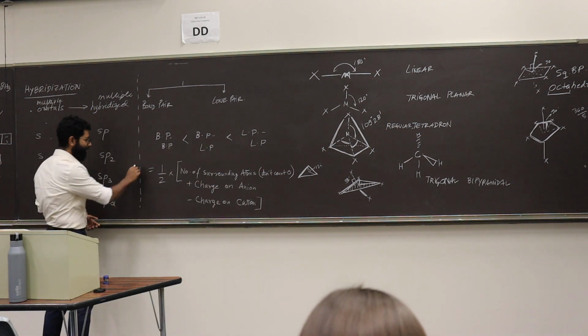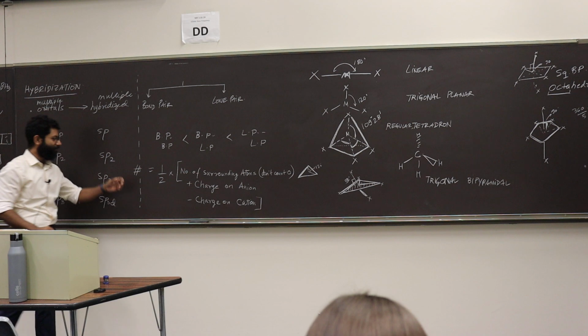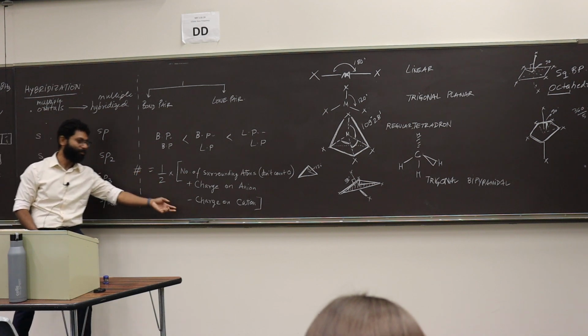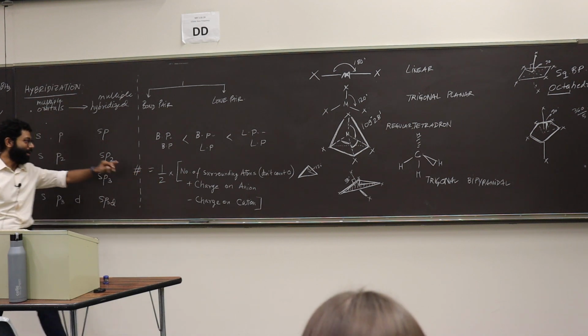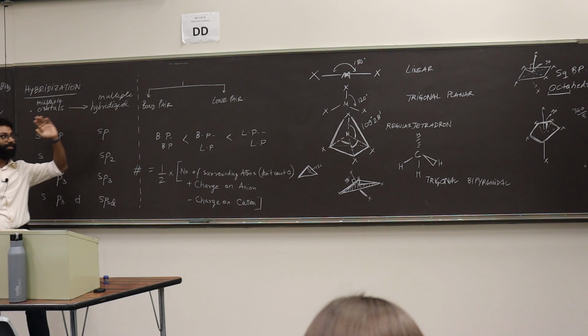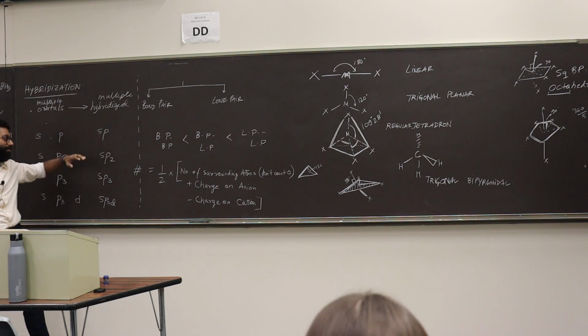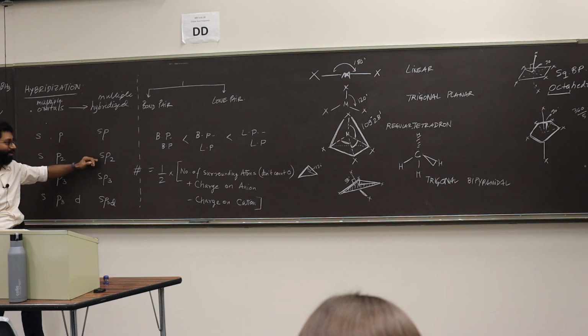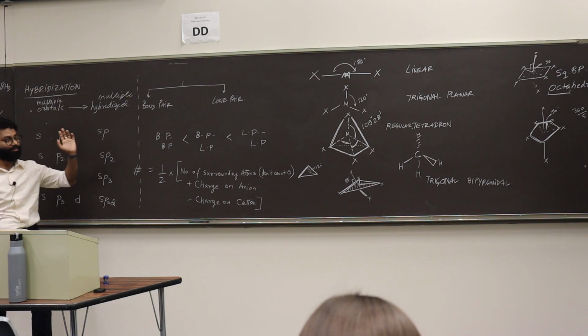The number that you will get, if this number turns out to be 2, the hybridization is sp, the shape is linear. If the number turns out to be 3, it is sp2 and it's trigonal planar.